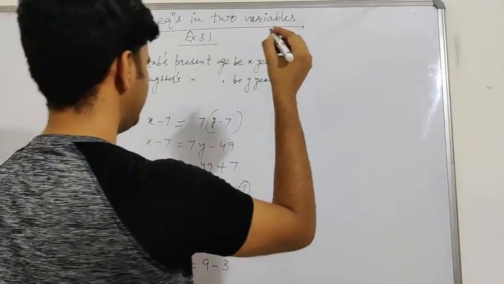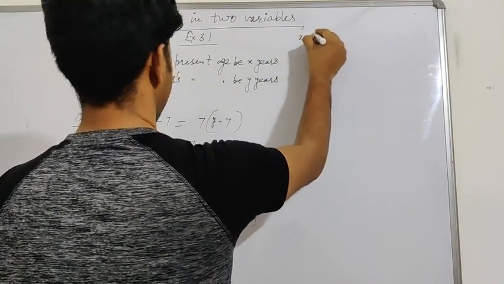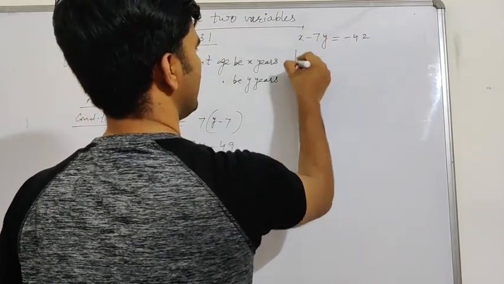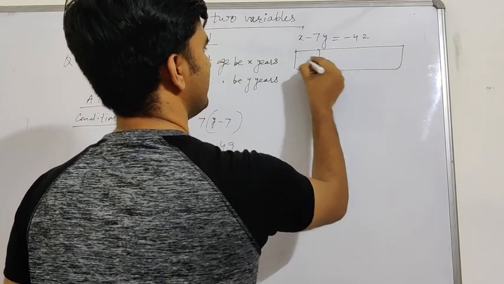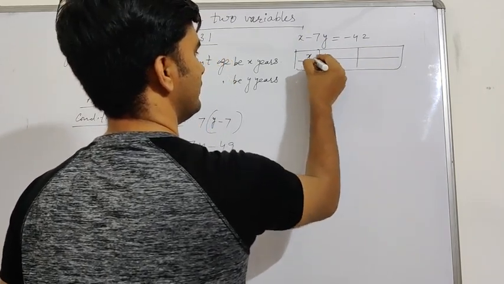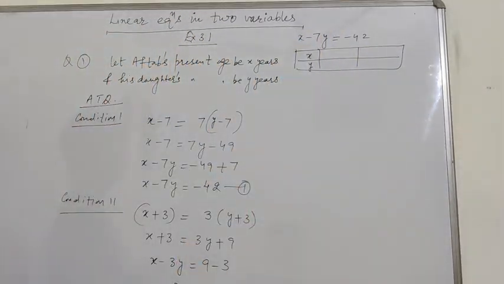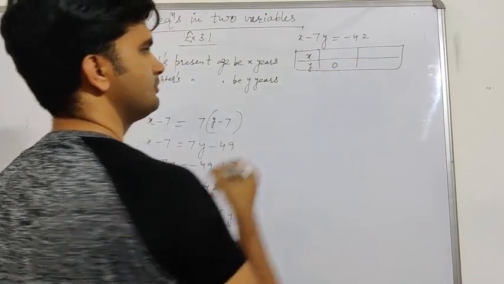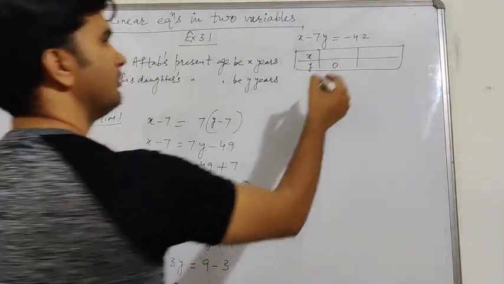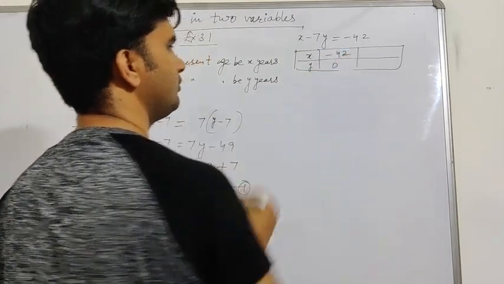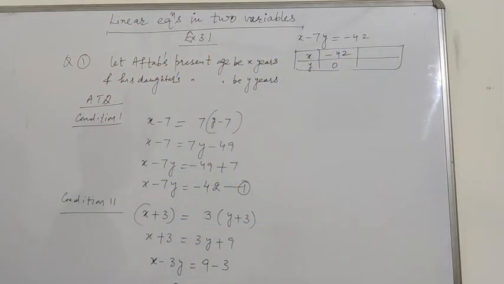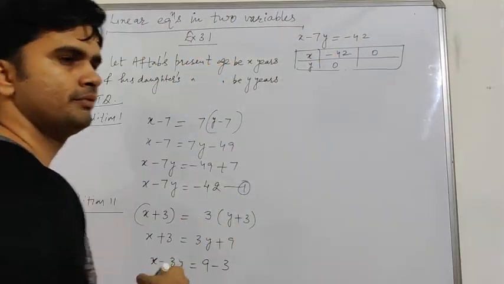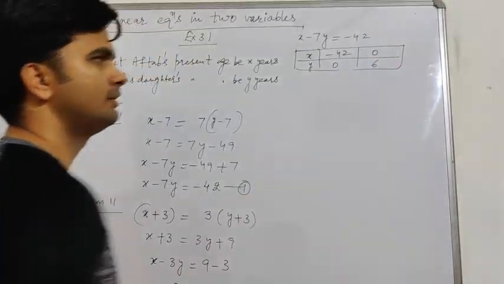Now graphical representation. First equation is x minus 7y is equal to minus 42. Here we will find two different values of x and y. I am putting here y is equal to 0. So x is minus 42. Easily we can get this value. If I put x is equal to 0, then y is equal to 6.